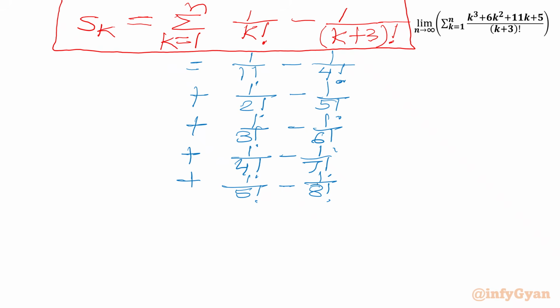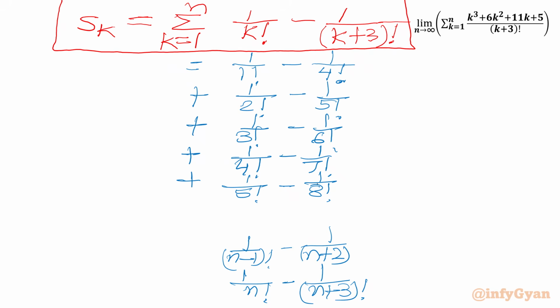Let's put k equal to n. We will get 1 over n factorial minus 1 over n plus 3 factorial. If I put k equal to n minus 1, so 1 over n minus 1 factorial minus 1 over n plus 2 factorial, and so on.